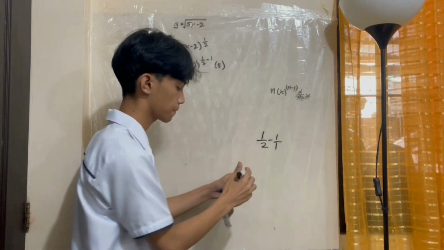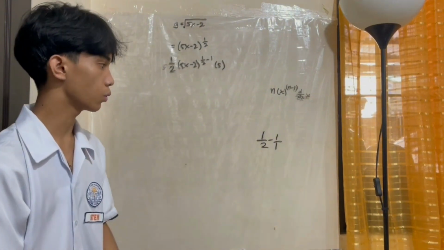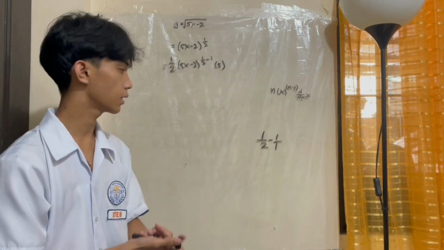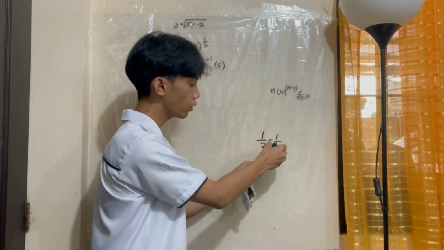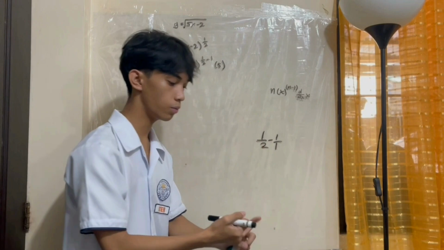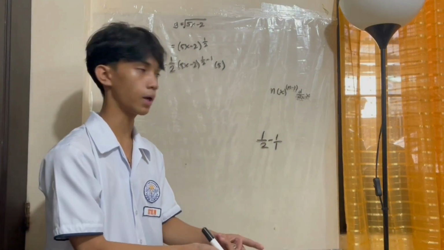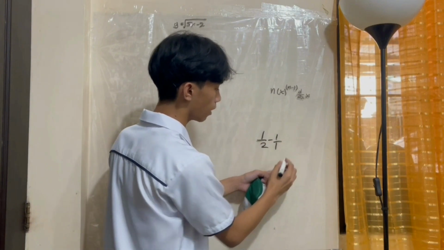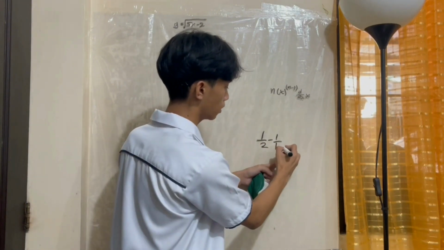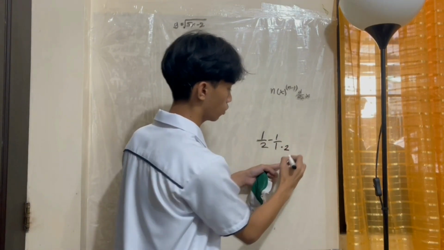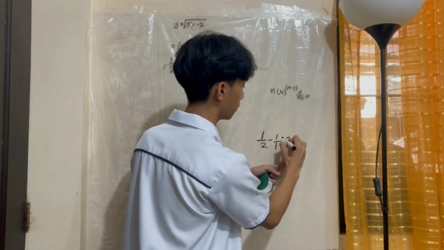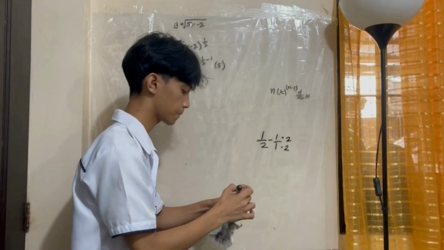As you can see, when we start counting at 2, it will be 2, 4, 6, 8, 10. And if we start counting at 1, it will be 1, 2, 3, 4, 5. So now, their LCM will be 2. So let's just multiply it by 2.